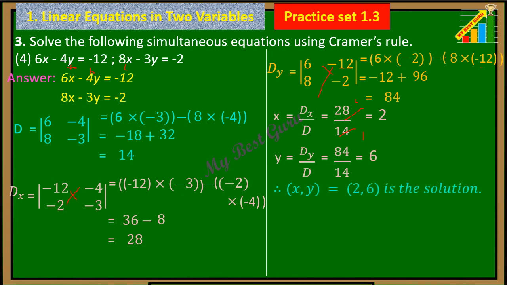Now we have the formula for y. So y is equal to Dy upon D. So what is Dy? Dy is 84 and D is 14. So 84 upon 14 is equal to 6. It is 14 ones are 14 and 14 sixes are 84. So here you got the solution for y is 6. So the coordinate x comma y is equal to 2 comma 6 is the solution for this equation.